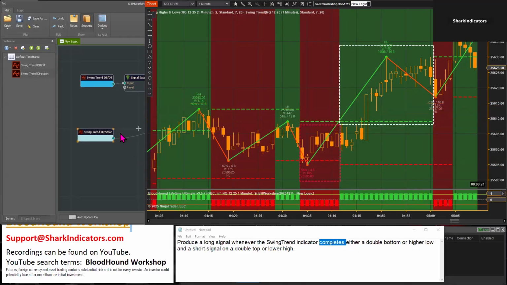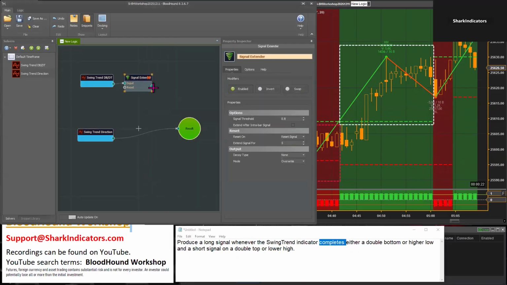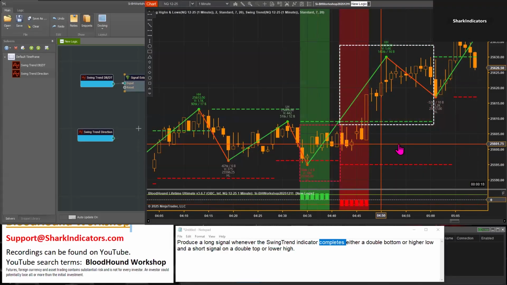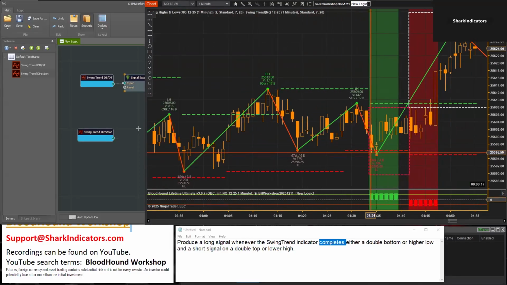So we need a signal extender to take that double bottom and extend it forward long enough, but not too far for this swing line to possibly move upwards, right?